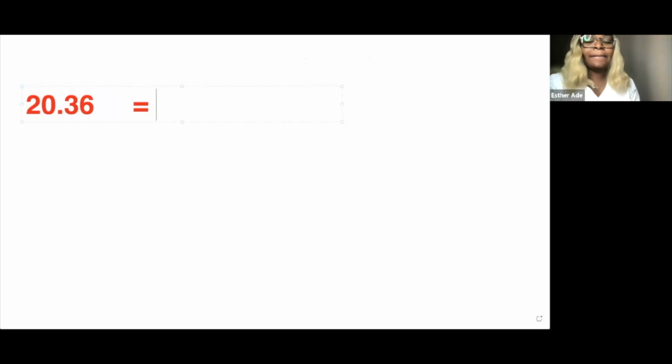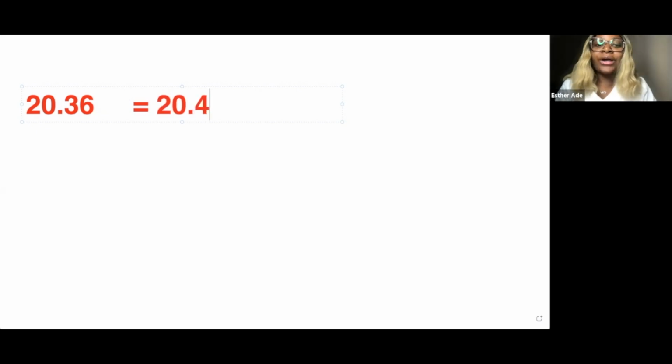You ready for rounding to the 10th place? Okay, so if I have 20.36, round that to the nearest 10th. What's our answer going to be? Your answer should be 20.4.